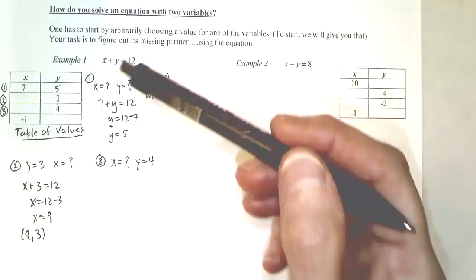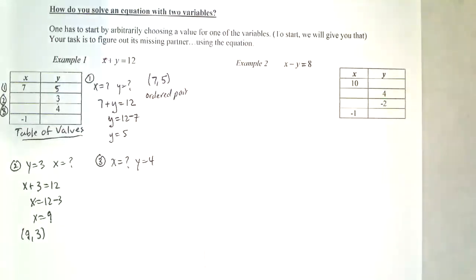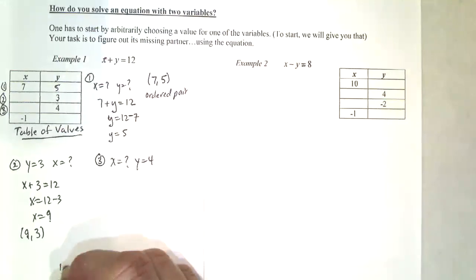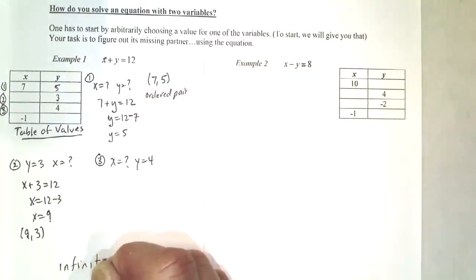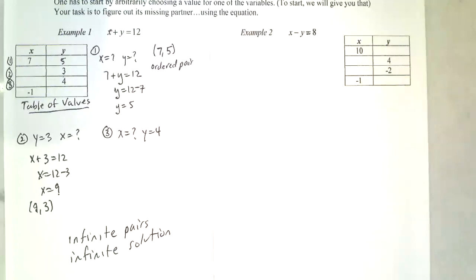Because when you have an equation in 2 variables, you're going to get many, many pairs of numbers that make that equation true. In fact, you're going to get infinite pairs or infinite solutions. Every solution is a pair of numbers.